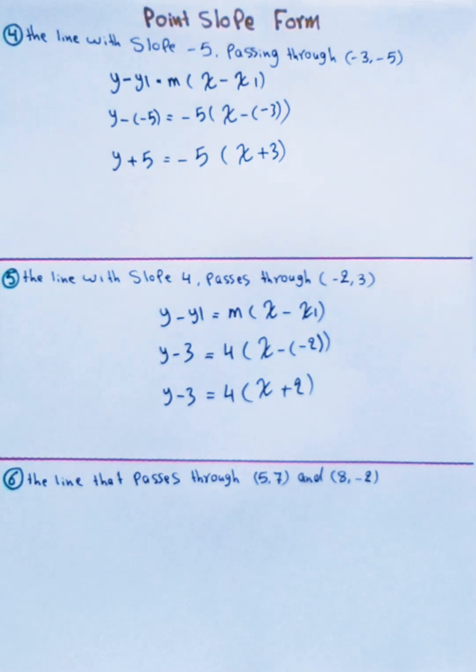So this is the equation of the line that the slope is 4 and passes through negative 2 and 3.